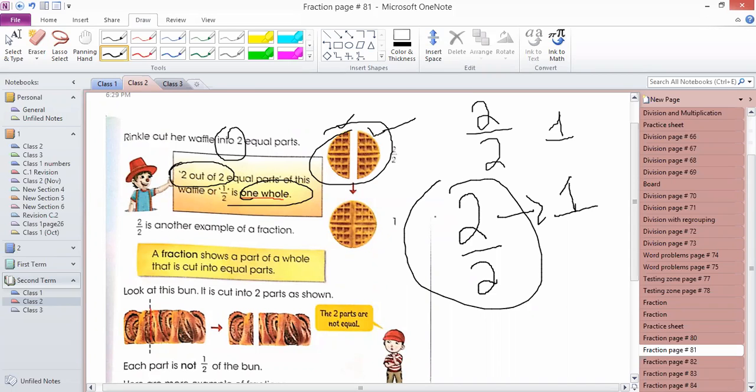If you have the same numerator and the same denominator, it is equal to 1. Is it clear to you, guys?